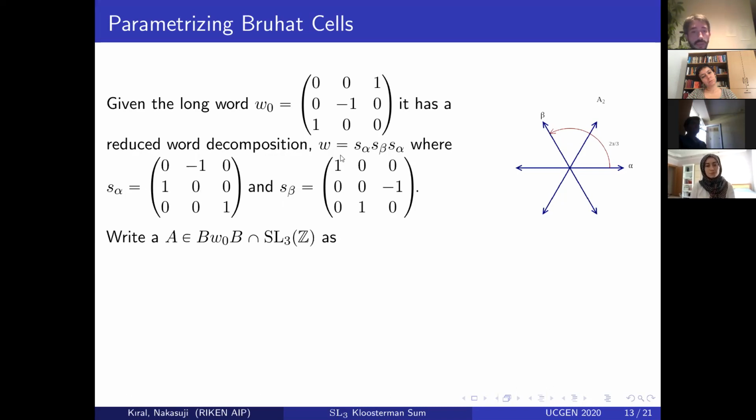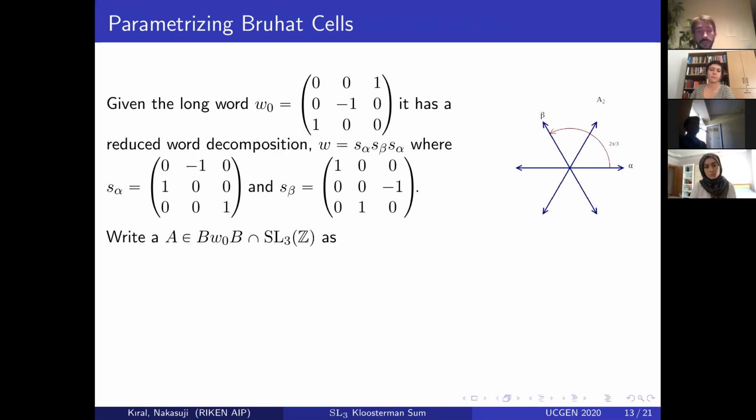So this is the long word of the Weyl group. I said there were 6 elements. The reason I'm saying long word is that every permutation can be written as a product of these elements. And these products are, well, there's a reduced one, there's a smallest one, and that's the length of the Weyl group element. In this case, it's 3.